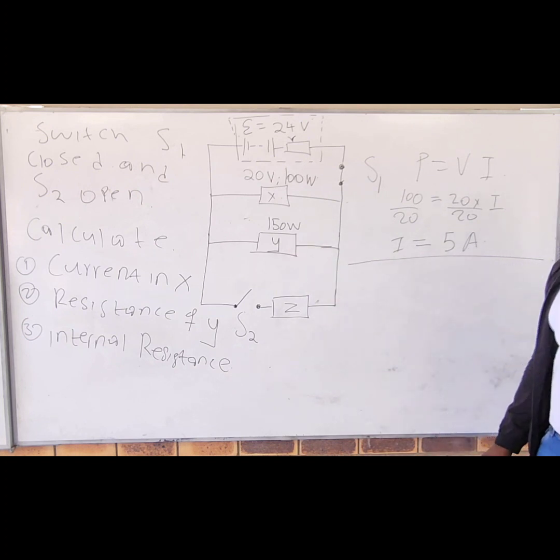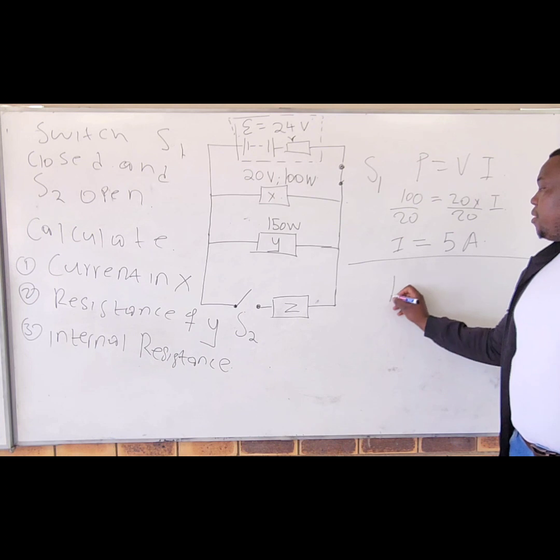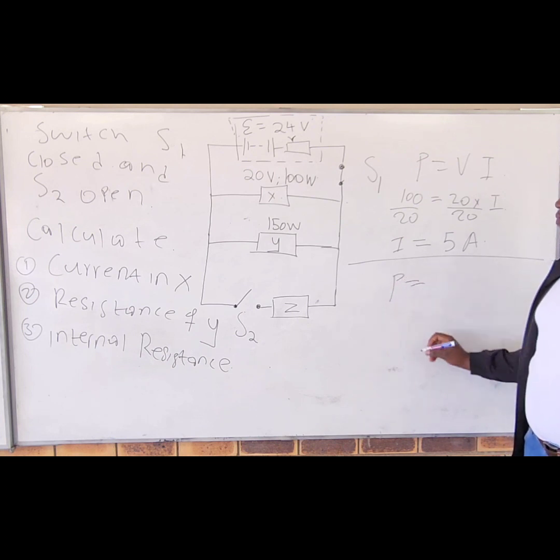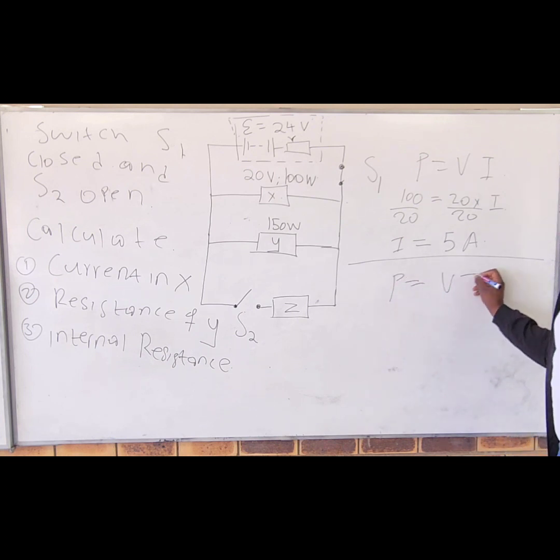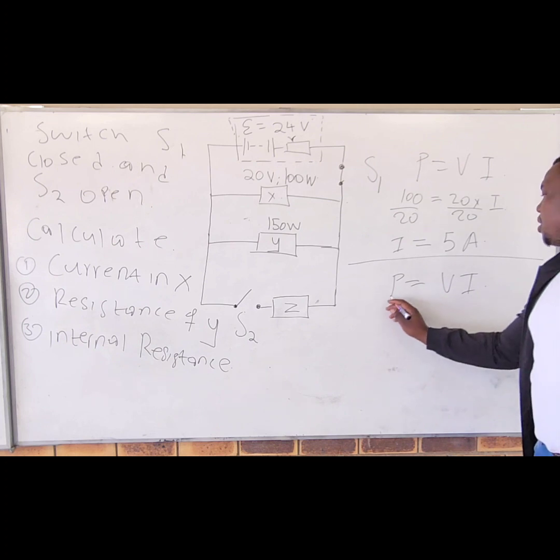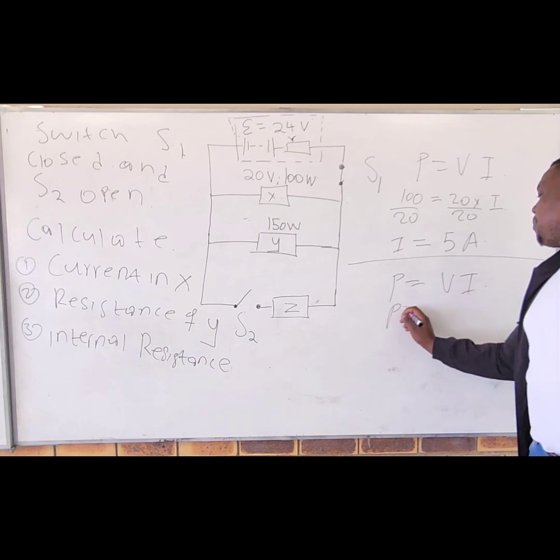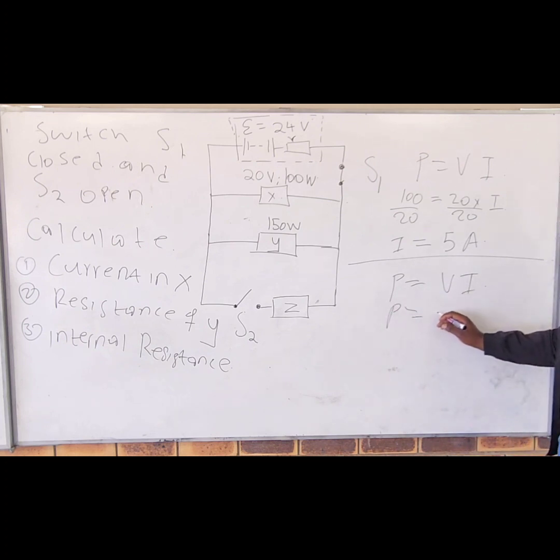Meaning that we're going to use a formula which says P equals VI. We can even derive the formula quickly. You can say P equals VI, whereby V is the same as IR.